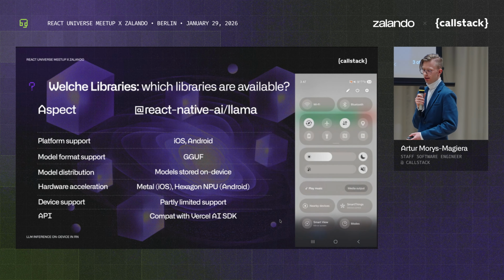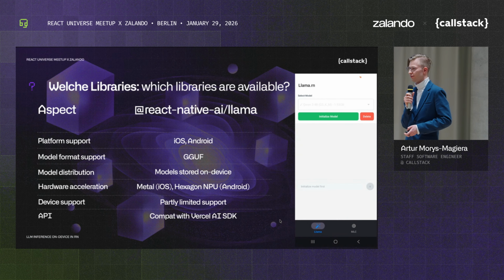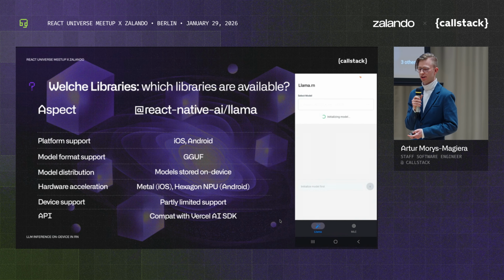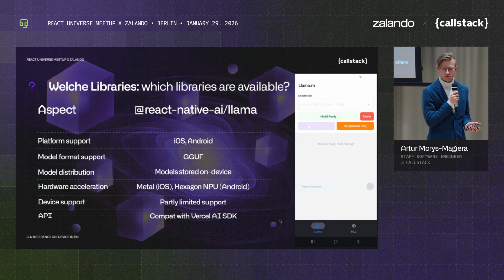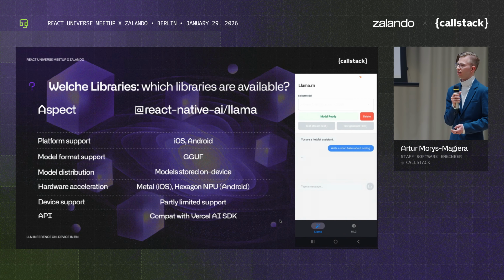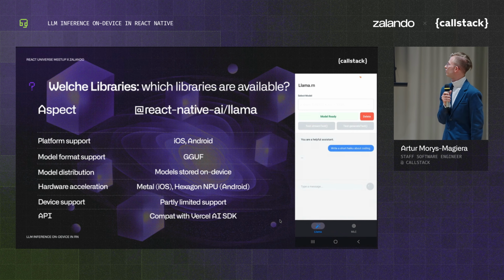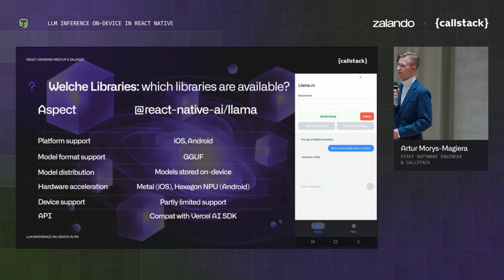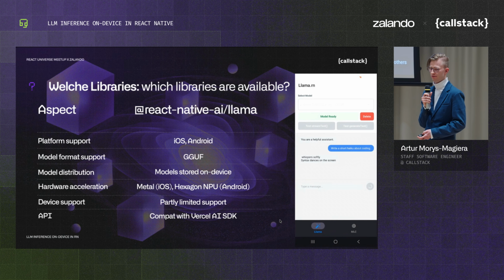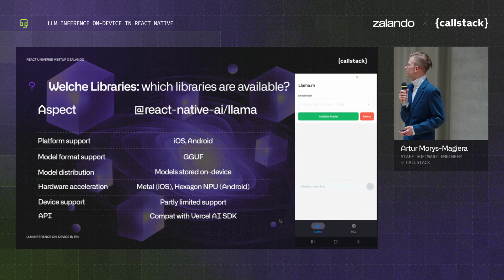The last one for now, because we are foreseeing more in the very near future, from this React Native AI ecosystem is a wrapper around llama.rn. This is a library that actually wraps llama.cpp, and there's a chain of dependencies here, which is a C++ implementation for running inference of models in the GGUF format, which is General GPT Unified Format.